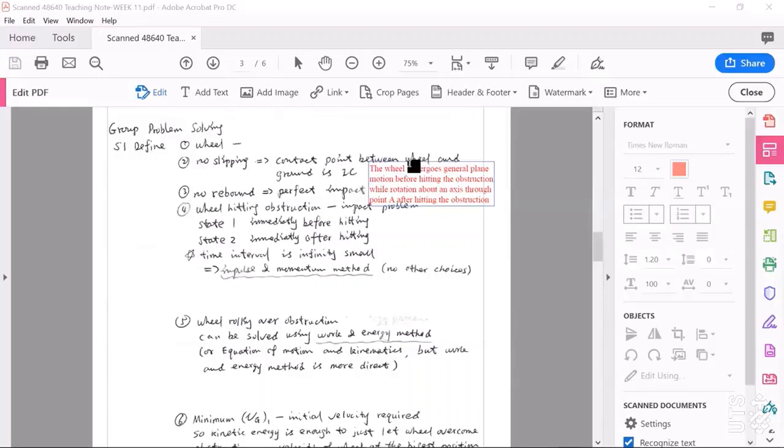So that is general plane motion. After the wheel hits the obstruction, the motion should be a rotation about an axis through point A. We have already defined the 3 states.